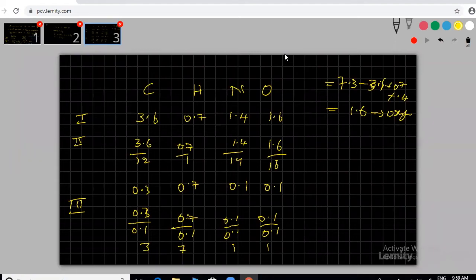Basic chemistry concepts. Okay, fine. So this is the way you need to calculate the empirical formula.